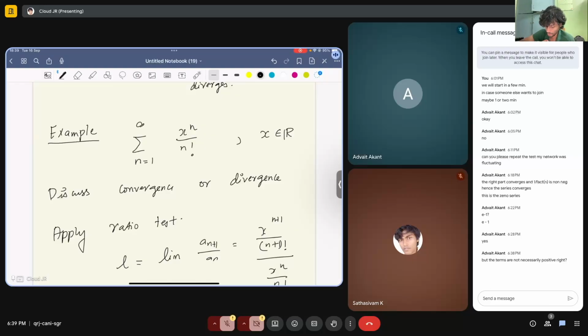You are right, actually, the terms are not positive, but what you can do is take the modulus and you can still apply the test.